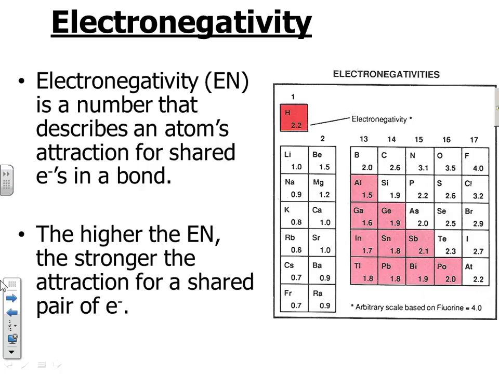Which atom is the weakest of all of the atoms when it comes to pulling on electrons when they're trying to share? Francium, excellent. So francium is the wimp of all of the elements when it comes to sharing electrons, and fluorine is the muscle guy that kicks sand in people's faces at the beach.